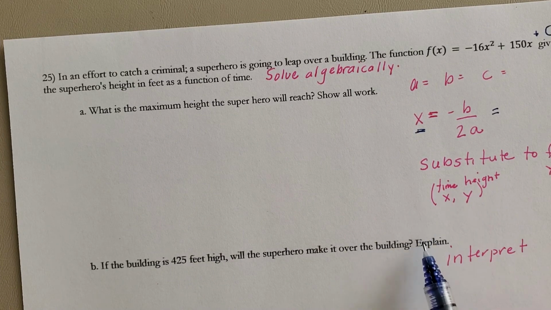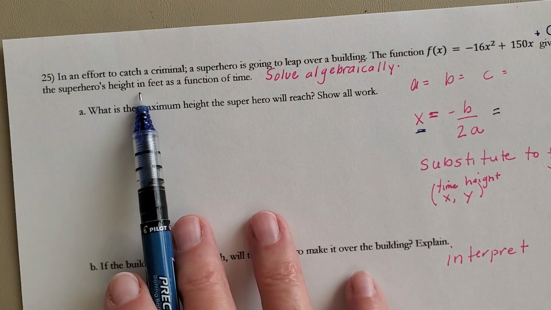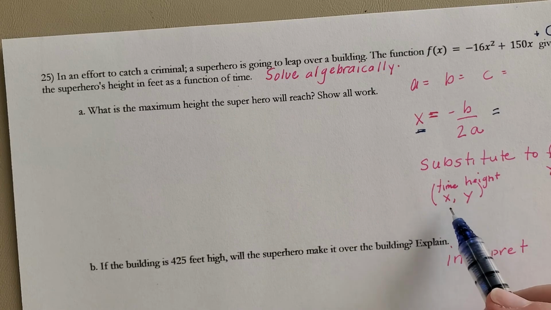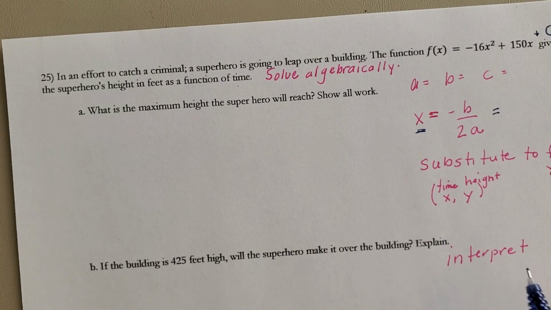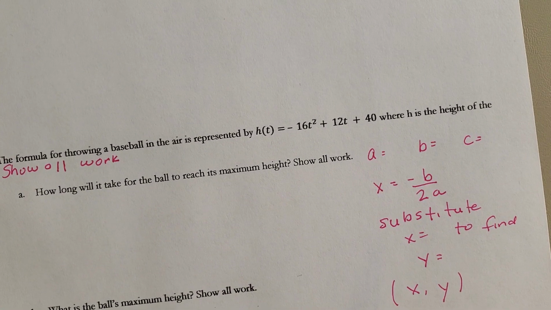And you'll have an ordered pair as an answer, and it tells you here that this is height and time. Okay, so time is the X-axis, height is the Y-axis. Okay, same thing on this problem. Okay, gave you some notes.